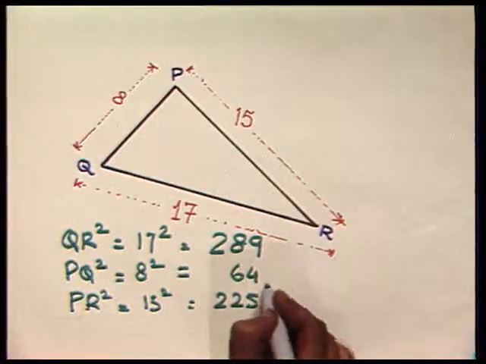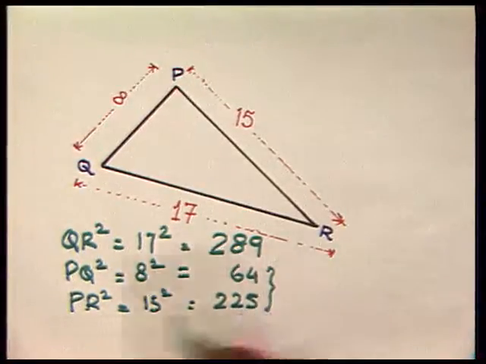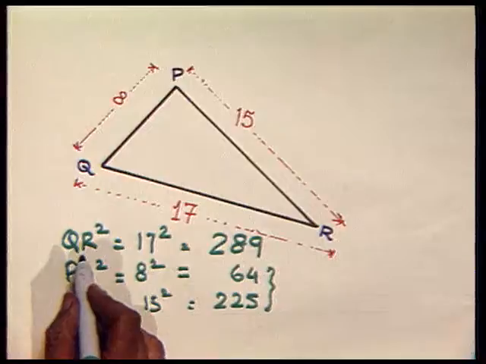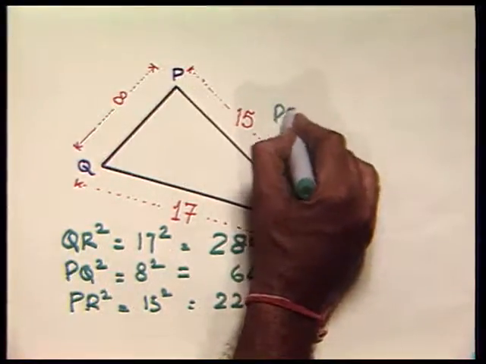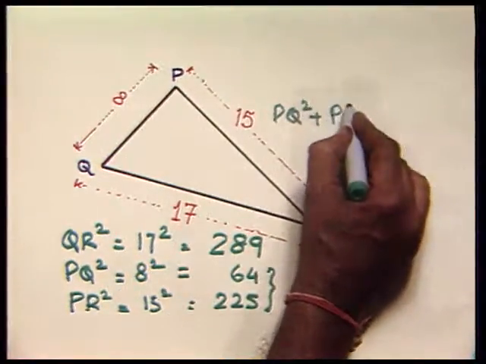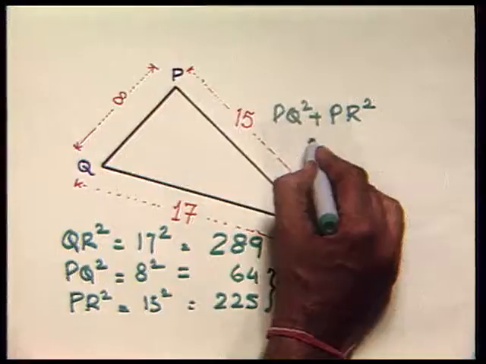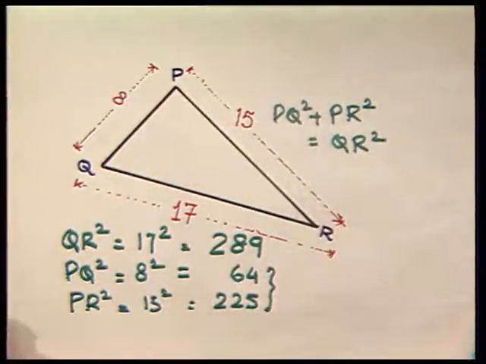So what do you find? That PQ square plus PR square, that is the sum of these two, is equal to QR square. So this is satisfying the condition of Pythagorean triples, hence this triangle must be a right triangle.